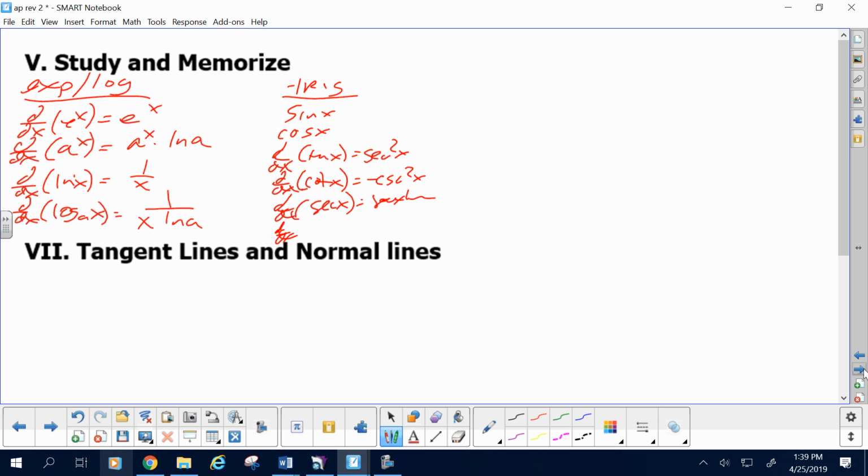Derivative of cosecant? Negative cosecant cotangent. The two arc or inverse trig, what's the derivative of arc sine? 1 over the square root of 1 minus x squared. I put a u there, but I should have put an x. And arc tangent, you should also know. Okay. That's pretty good.